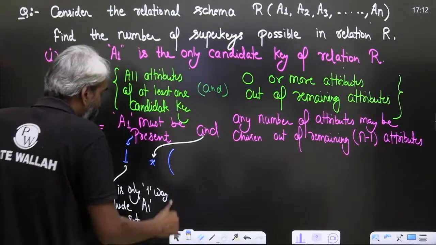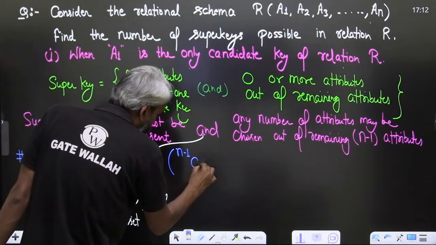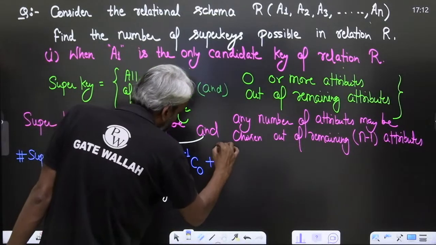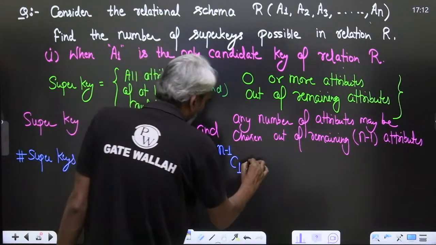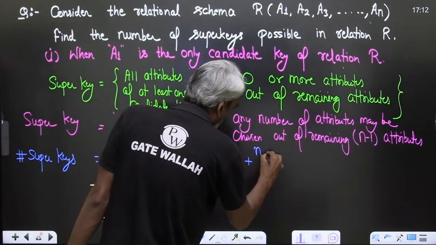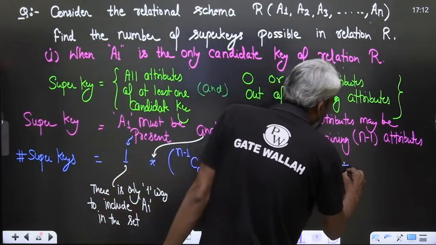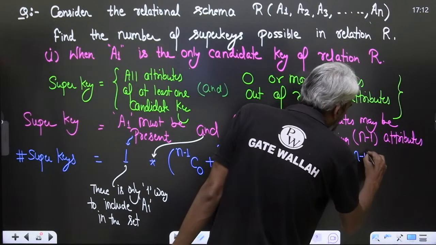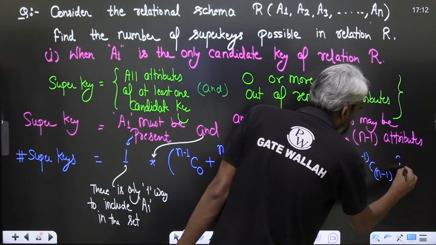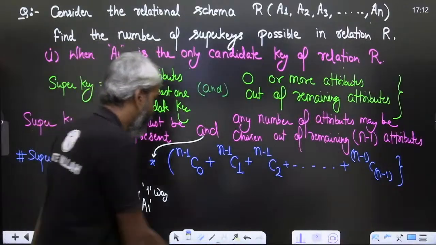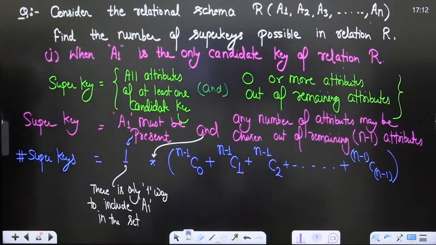Out of the remaining n minus 1, we can choose 0, or we can choose 1, or we can choose 2. Out of the remaining n minus 1, you can choose all n minus 1 as well.